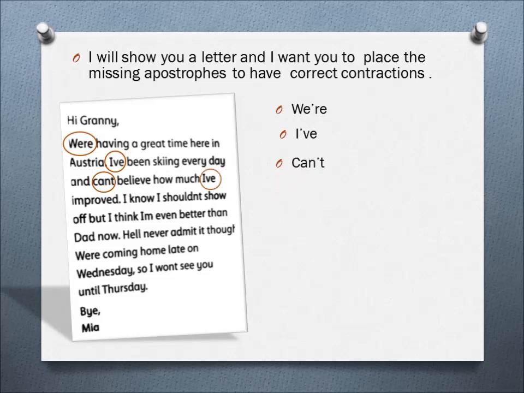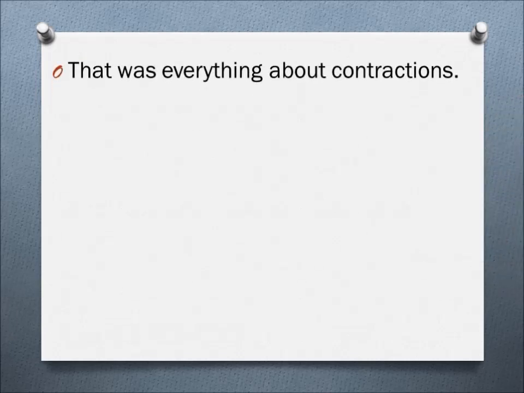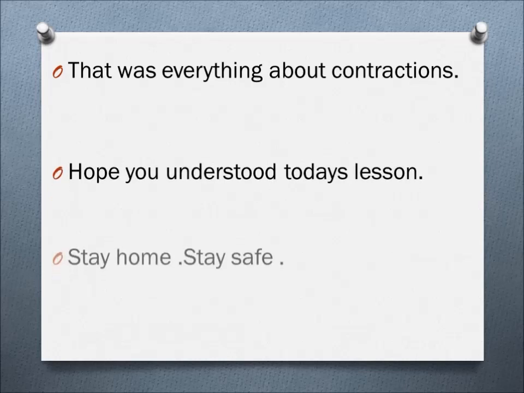I can't believe how much I've improved. I know I shouldn't show off, but I think I'm even better than Dad now. He'll never admit it, though. We're coming home late on Wednesday, so I won't see you until Thursday. Bye, Mia. Very clever. Thank you.